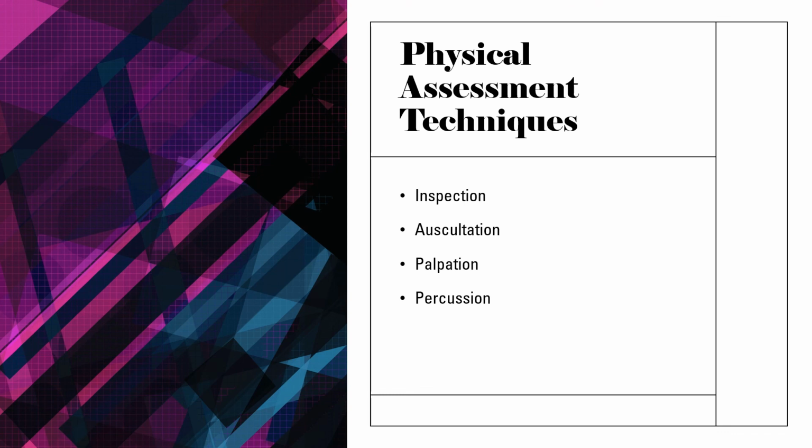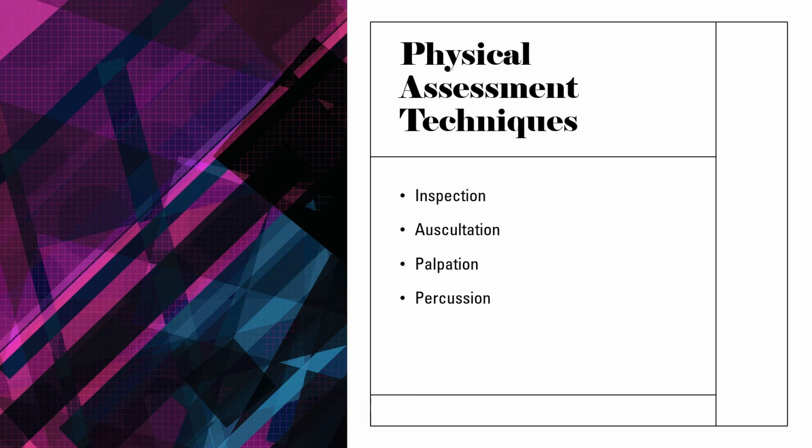So if you're inspecting the abdomen, of course, you don't want to palpate before you auscultate. Auscultate means that you listen, because you will create more bubbles in the stomach, and that will skew your abdomen assessment. And so it just depends on what you're inspecting and what you can concurrently palpate at the same time.